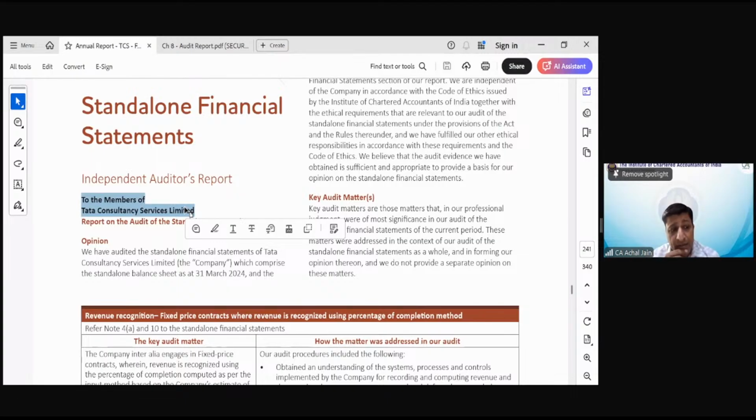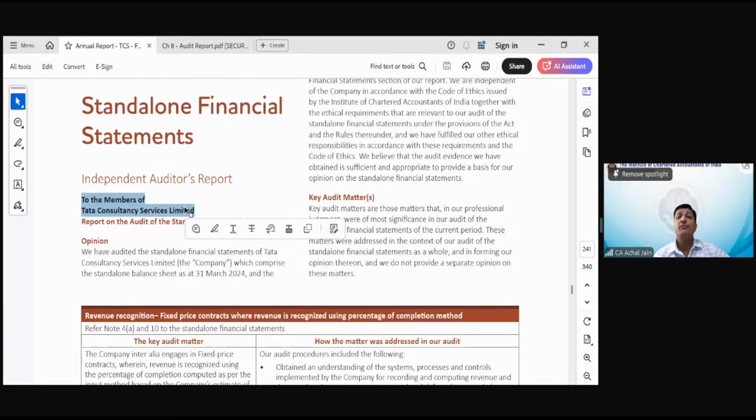Now again, this may vary depending on the scope which is there. Depending on the scope of audit, this addressee may change. When it comes to the statutory audit, it will always be addressed to the members.